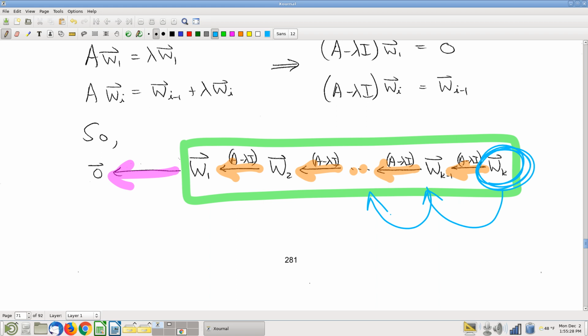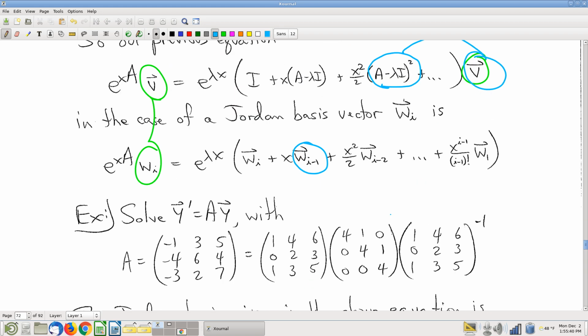In other words, if you were looking at Wi, it takes you to Wi minus 2. It just shifts you back 2 steps in this little diagram. Et cetera, et cetera.